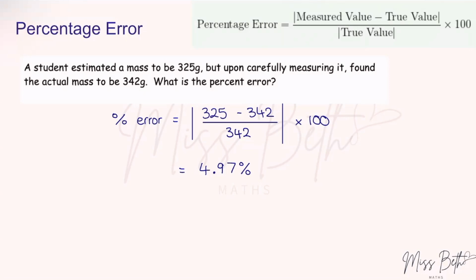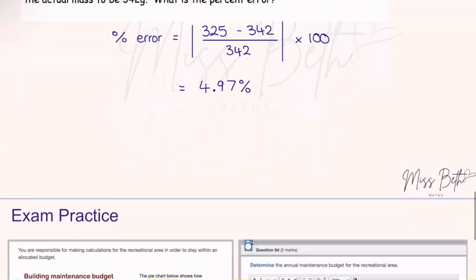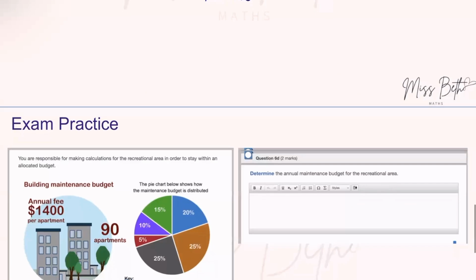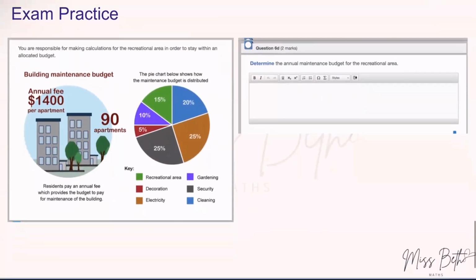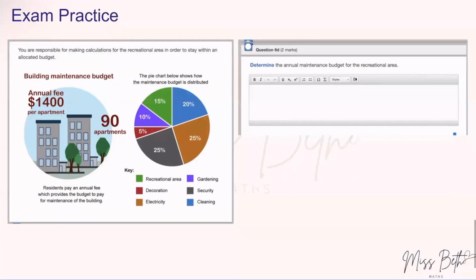Okay, so that's it for percentage error. We're just going to move on to an exam practice question. Now, the only difficulty, I suppose, with pulling out exam practice questions for percentages is they are often part of a much longer question.